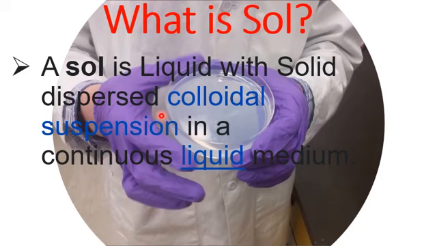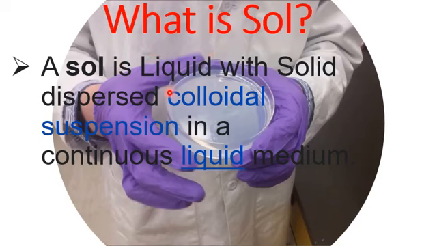So, student, sol is a chemical solution. It consists of solid dispersed colloids, and these dispersed colloids are dispersed in a liquid dispersion medium. As you know, in sol gel process we initially incorporate a chemical precursor in a liquid solvent.